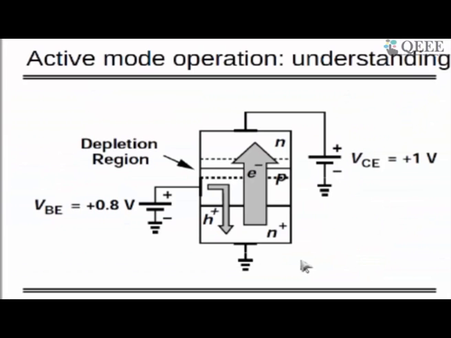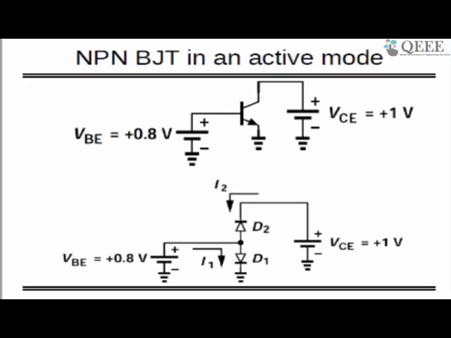Here I explain the same thing, taken from Behzad Razavi, where there is a depletion region and a small amount of holes coming from the base side, and that in turn creates a very large amount of electrons which are being pulled out by the battery connected with the large voltage, which is plus 1 volt, and that is creating a collector current. This IC by IB will give you the beta factor, which is known as the current gain.